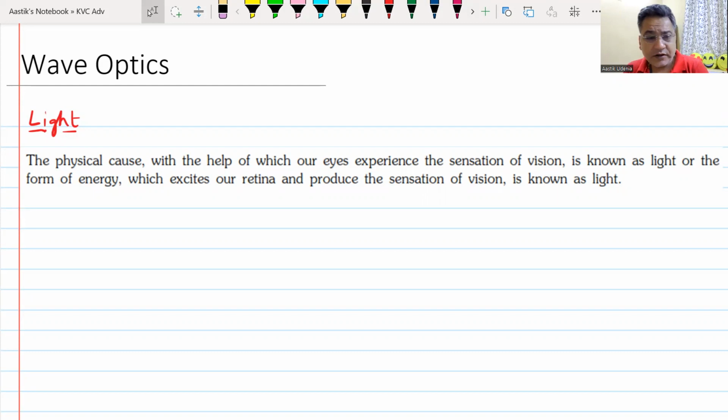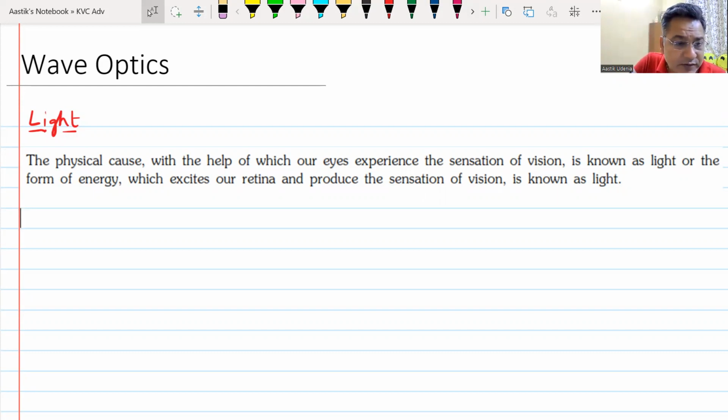That is what we call light. This light excites our retina and we can see things around us. That is light. I hope you know it. You may not have to write it, just understand what light is.